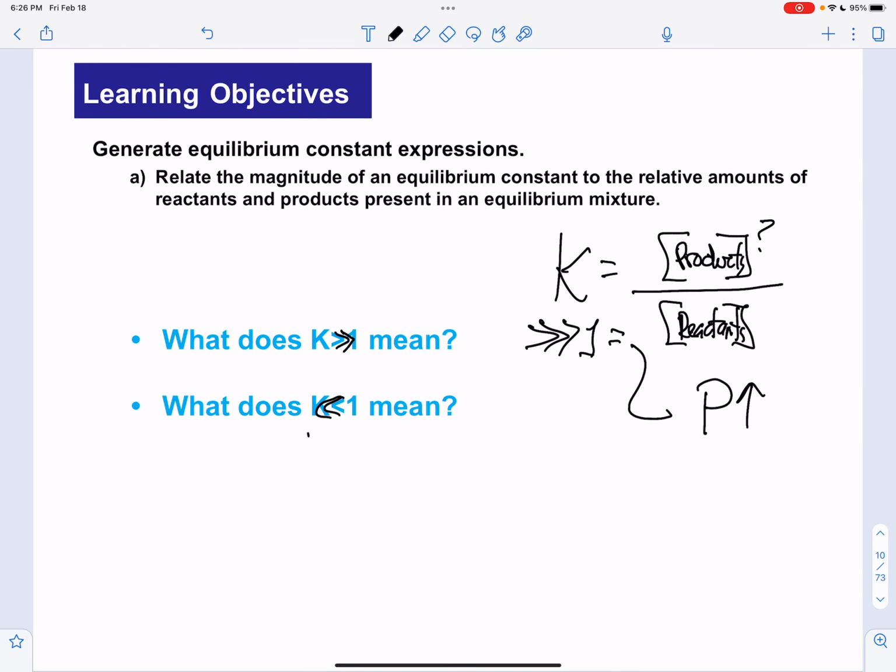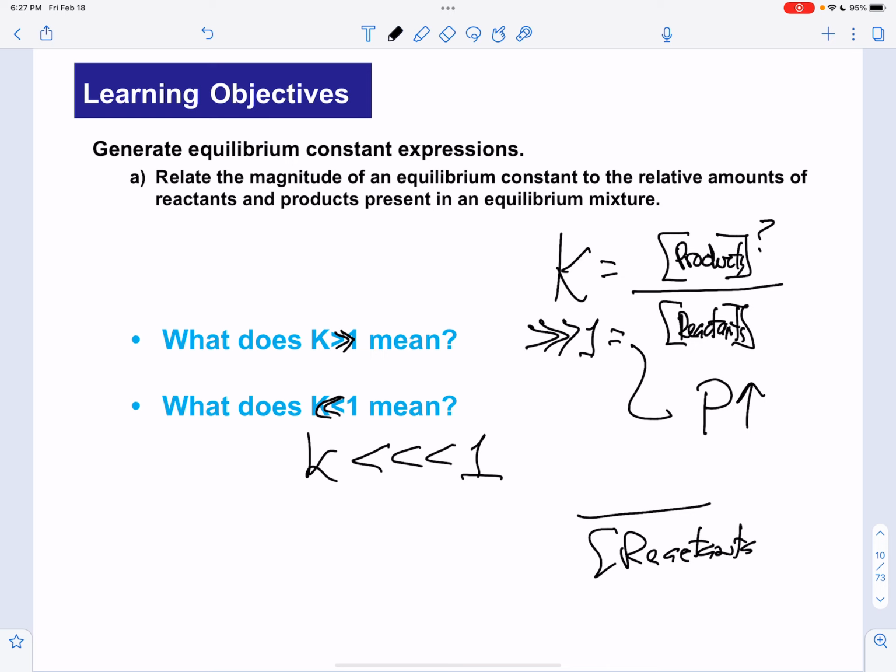So if you get a K that is a lot smaller than 1, the only way you get that is because the reactants, or the denominator, is the bigger number. That's the only way you're going to get a number less than 1. And that's it. A very simple concept, but super important.